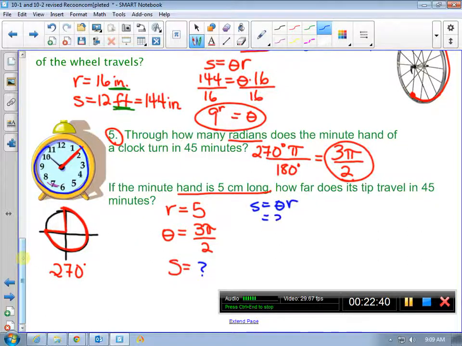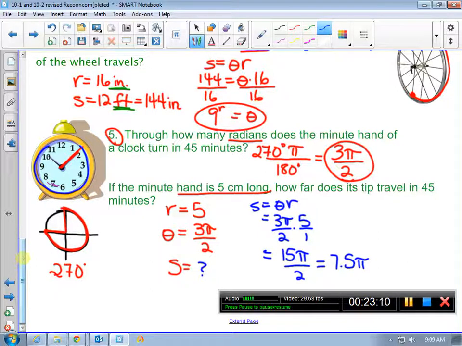We've got our theta, and we have our radius of 5. And so we have 15 pi over 2. You could leave it like that, or you could say 7.5 pi. If the question wanted you to figure out to the nearest centimeter, the unit would have to match the radius as well.